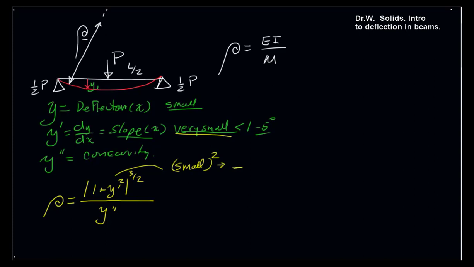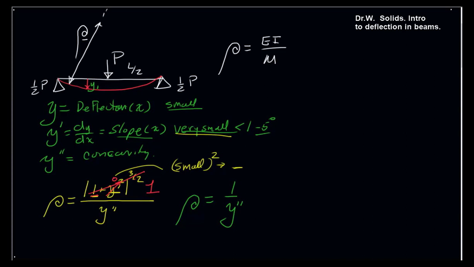So this value here is going to be very tiny compared to 1. So we can say that it's basically 0. And as such, we have 1 to the 3/2 power, which will just become 1. So we find that for beams, radius of curvature is basically 1 over y double prime, the concavity.